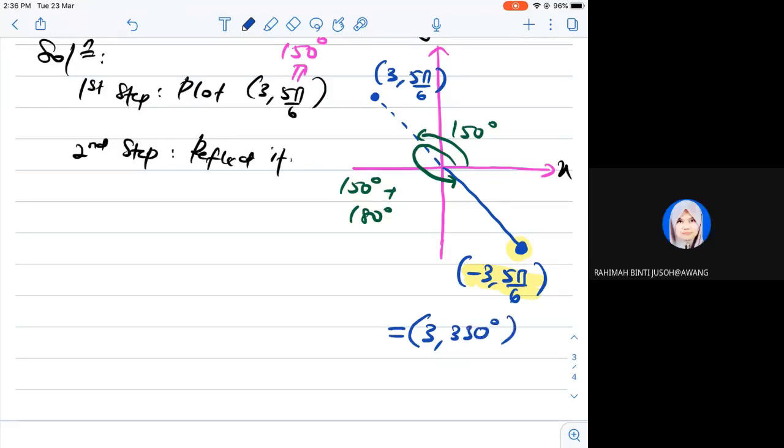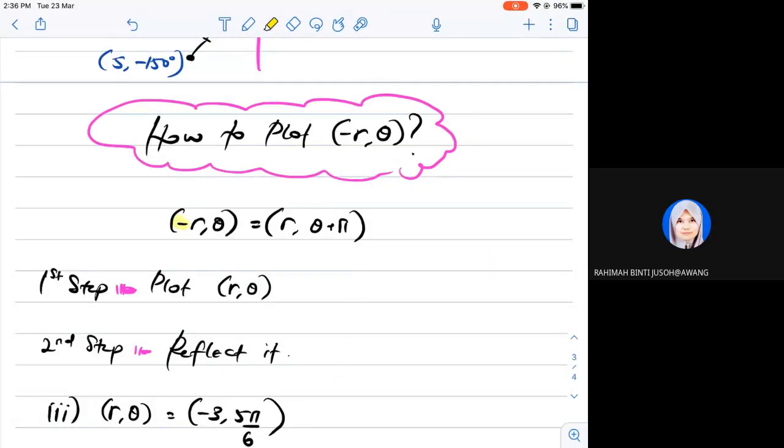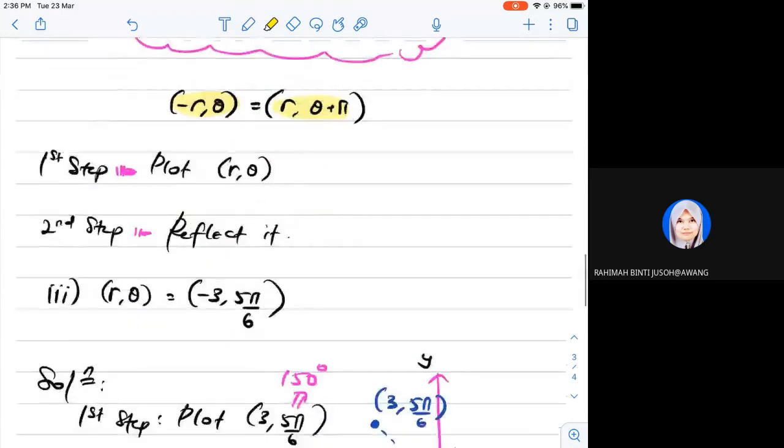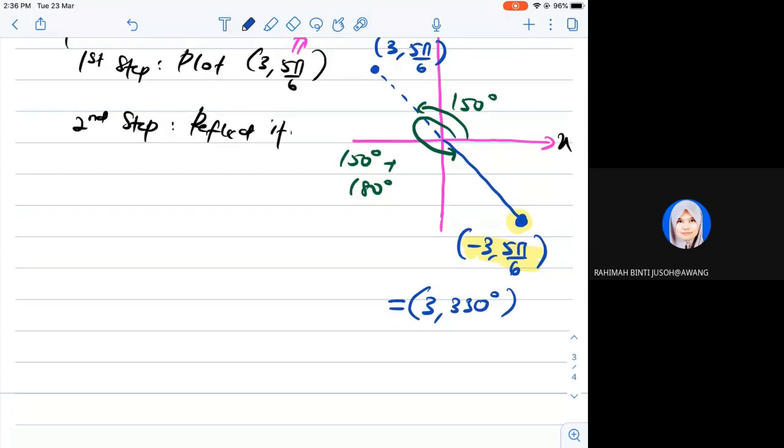Does this satisfy our theorem earlier? Negative r theta is equivalent to theta plus pi. Pi is 180, isn't it? So negative r theta is also the same as 330 degrees, because this 180 is pi. So our theorem works.